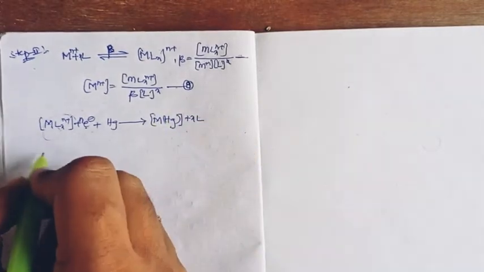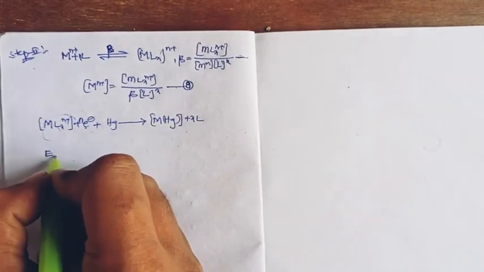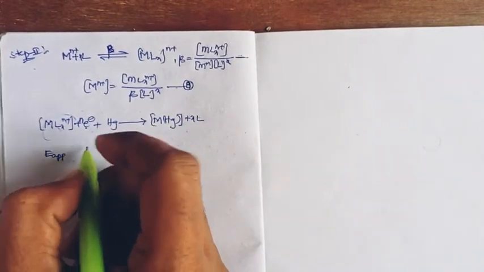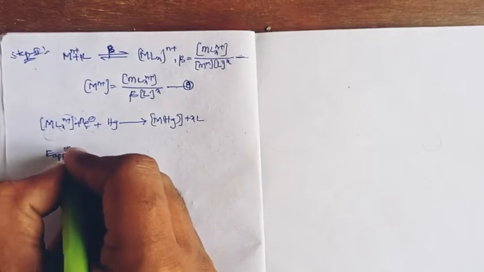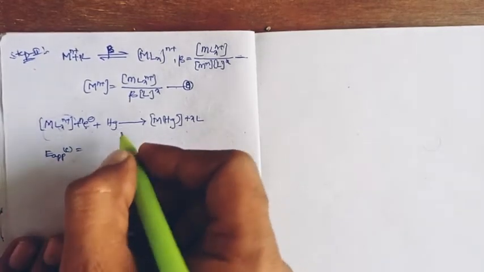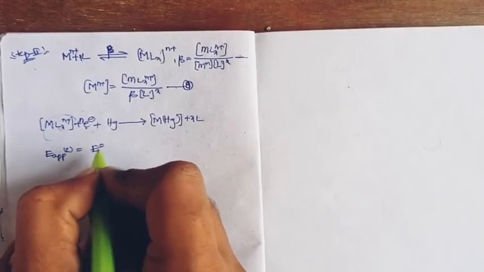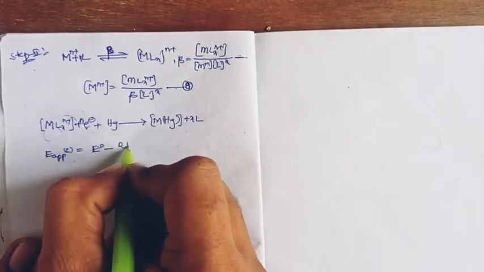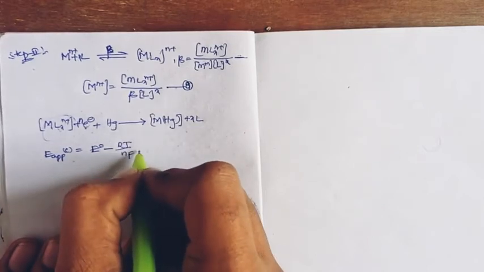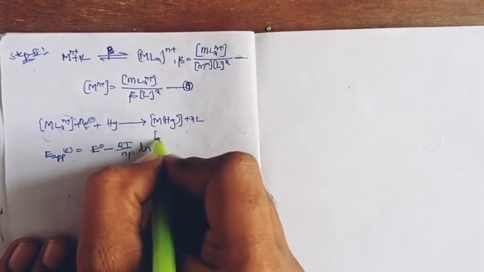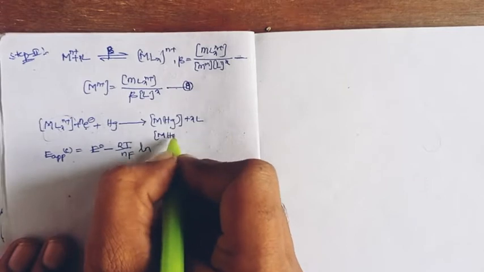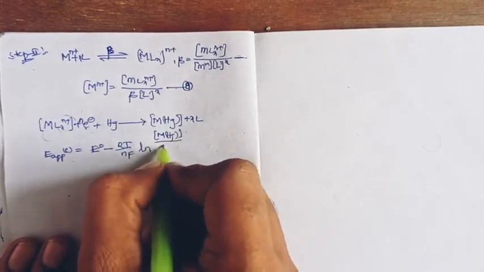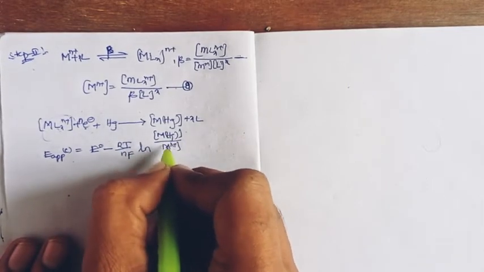As per the Nernst equation, the applied potential for the complex is E naught minus RT by nF into ln of the concentration of product amalgam divided by the metal ion concentration.